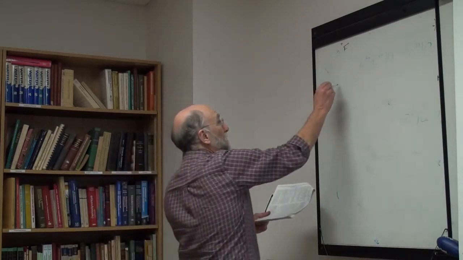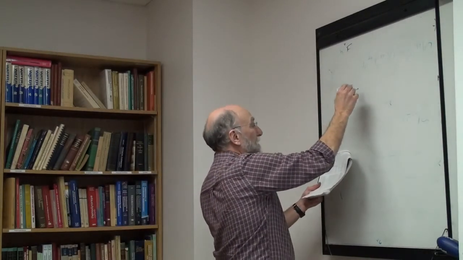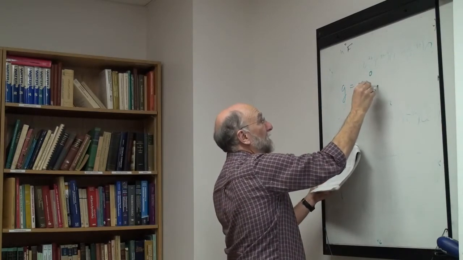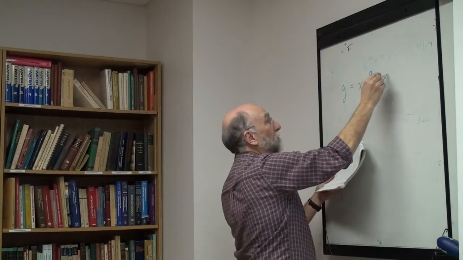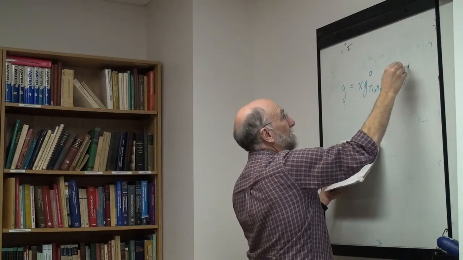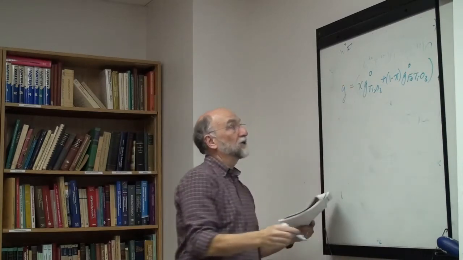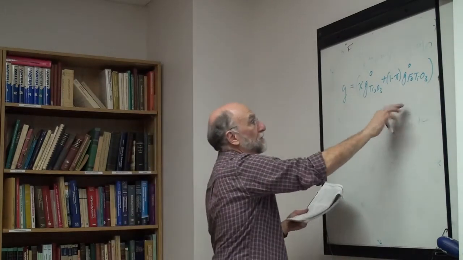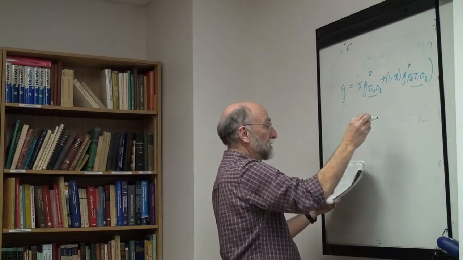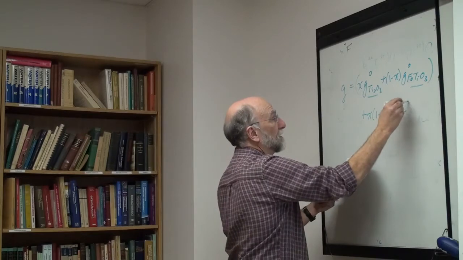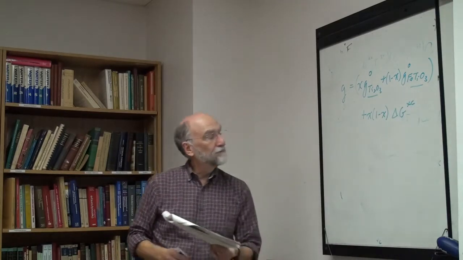That whole thing simplifies to the Gibbs energy of the solution is x times G naught of Ti2O3 plus 1 minus x times G naught of FeTiO3. Just the real materials. These are the Gibbs energies of the real materials. Plus x times 1 minus x times delta G of exchange.